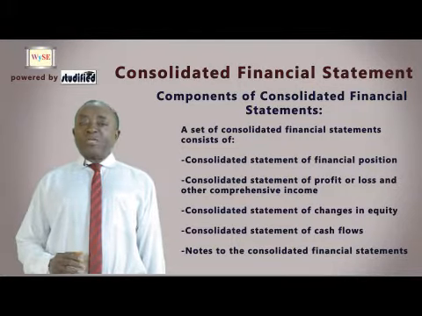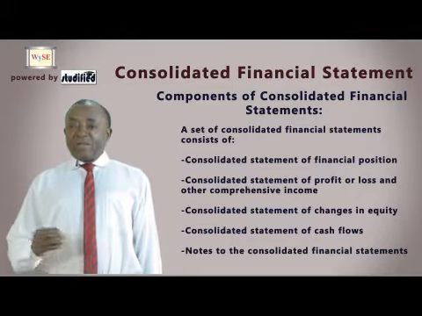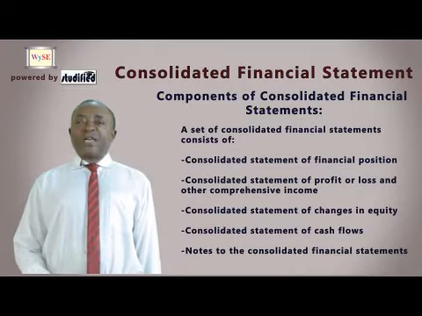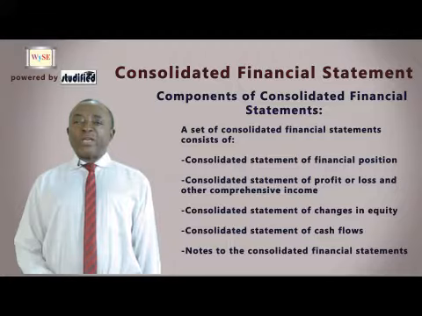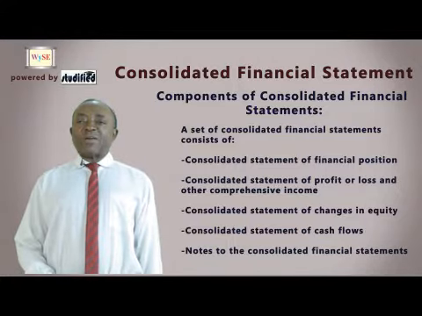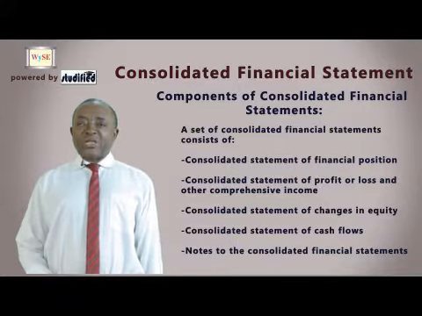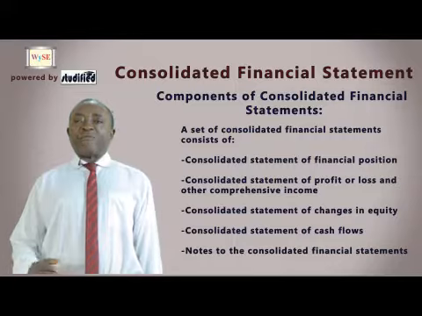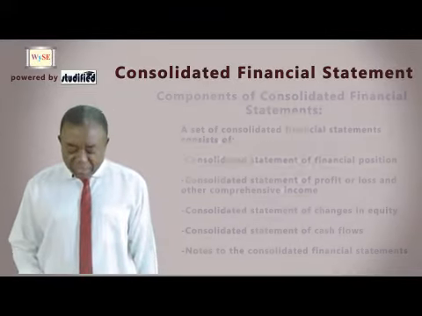Now, for reasons which I've mentioned earlier, the last 2 items will not be included in this lecture series. By that I mean consolidated statement of cash flows and notes to the consolidated financial statements. Only the first 3 will be considered.